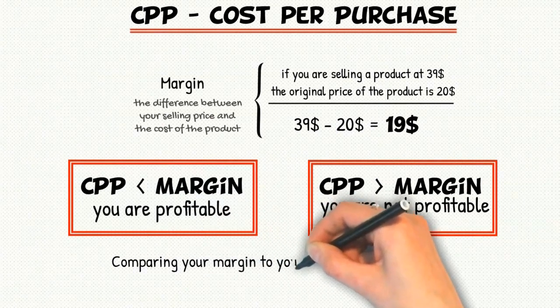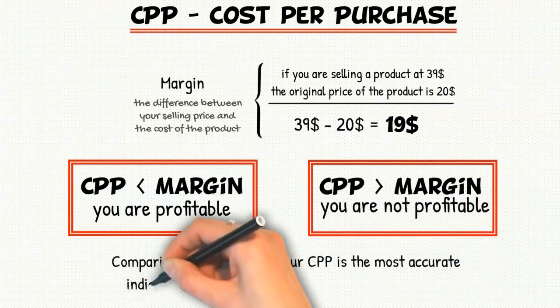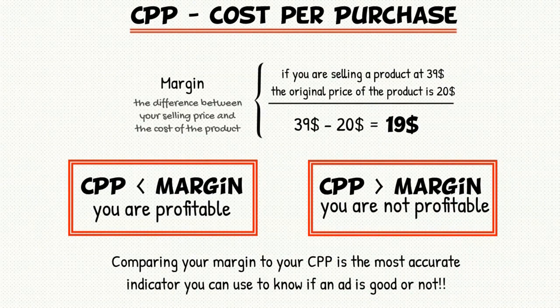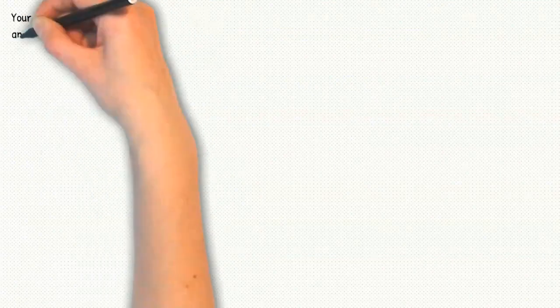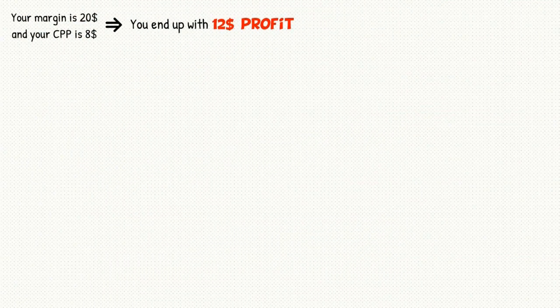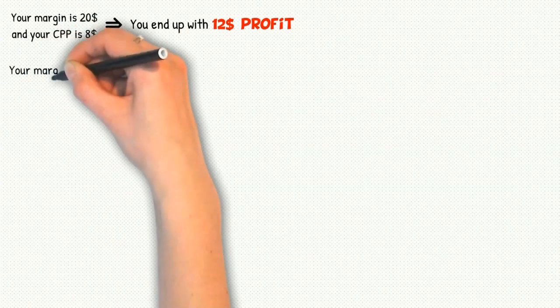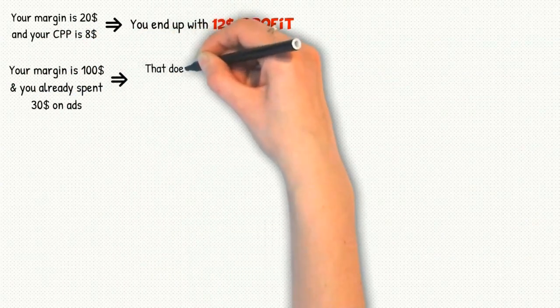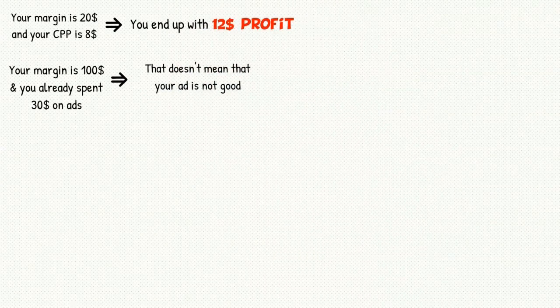Comparing your margin to your CPP is the most accurate indicator you can use to know if an ad is good or not. If your margin is $20 and your CPP is $8, well, this is great. If your margin is $100 and you already spent $30 on ads, that doesn't mean that your ad is not good.